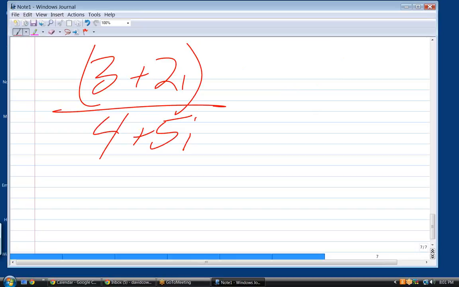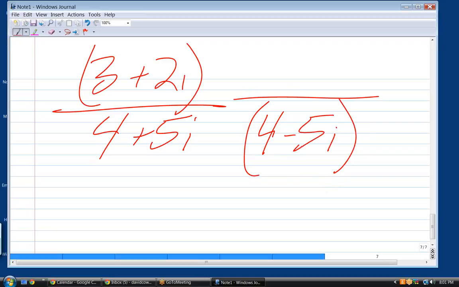It's a little tricky as to how you do it. You don't divide. What you do is you multiply by the conjugate of the denominator. In other words, if I multiply this by 4 minus 5i, the bottom, I'm going to get rid of the imaginary number. Well, if I multiply the bottom by that, I got to multiply the top also.